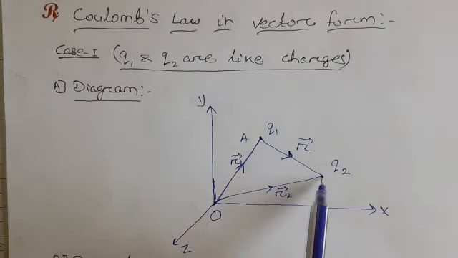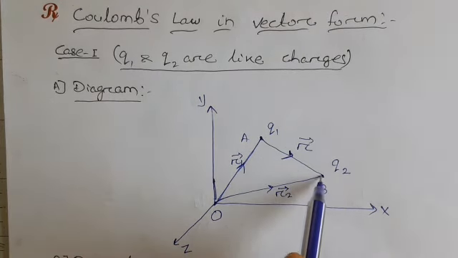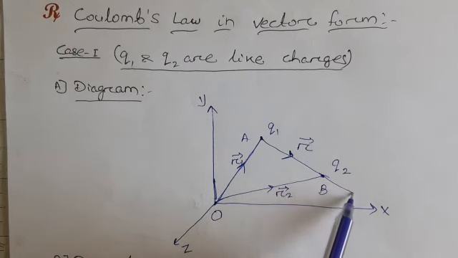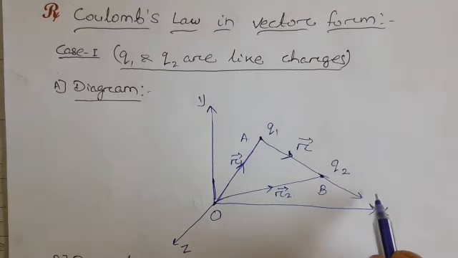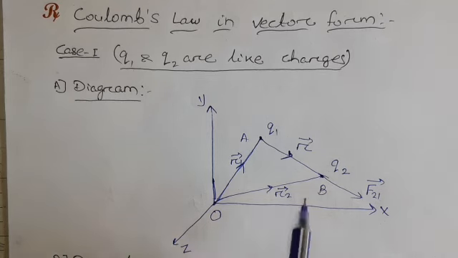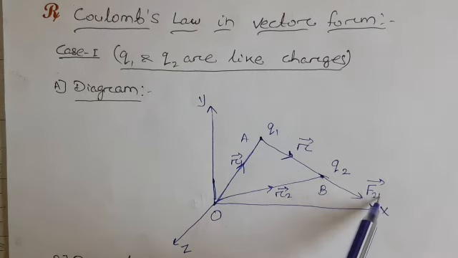Now see the force exerted on Q2 due to Q1. Q1 and Q2 will repel each other, so I will write the force on Q2 due to Q1 as F21. Why do I take this direction? Because Q1 will repel Q2. So F21 is the force on charge 2 due to charge 1.